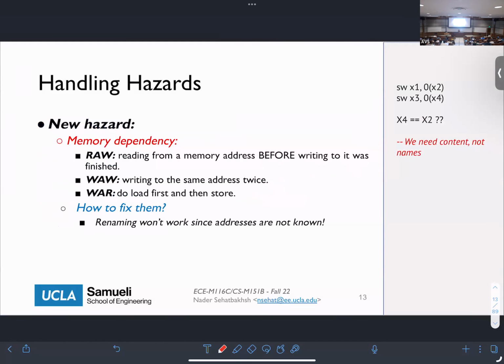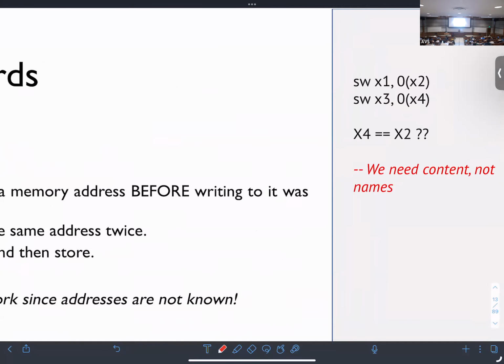For example, let's take a look at this example here: I'm storing whatever value x1 has in the address that is pointed to by x2, and then another instruction is storing whatever x3 has into whatever address x4 is pointing to. And the interesting question is, what will happen if x4 and x2 are equal to each other, right?